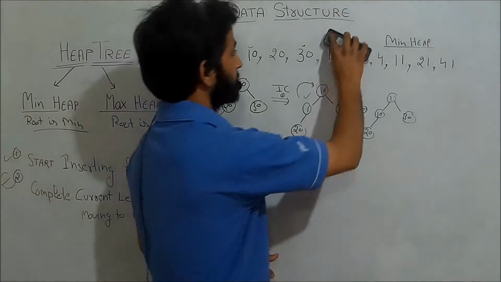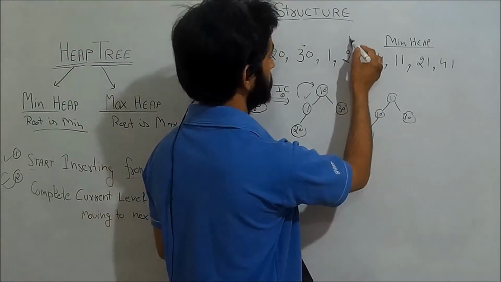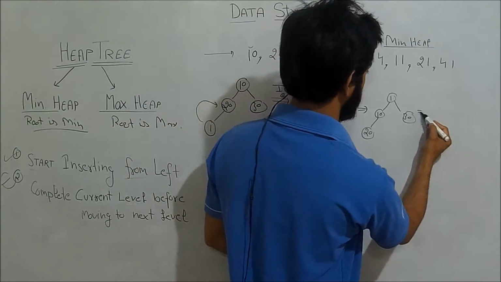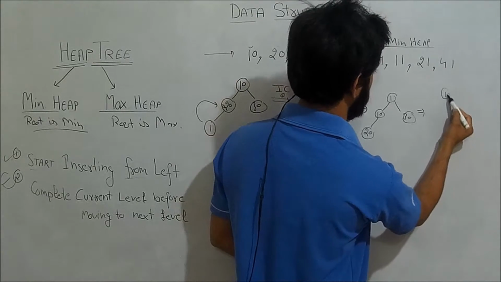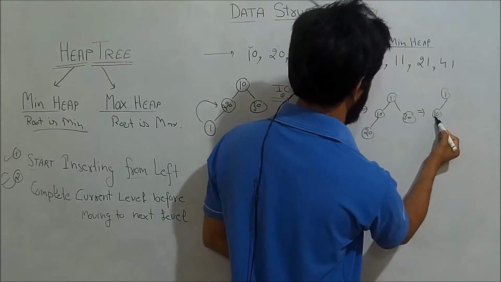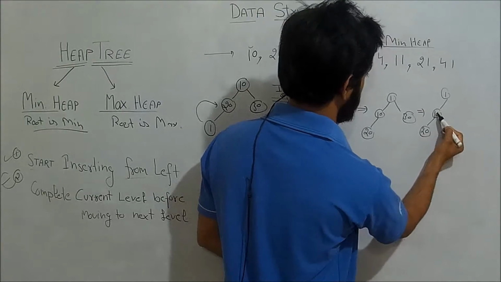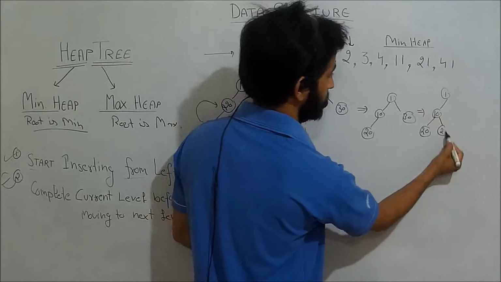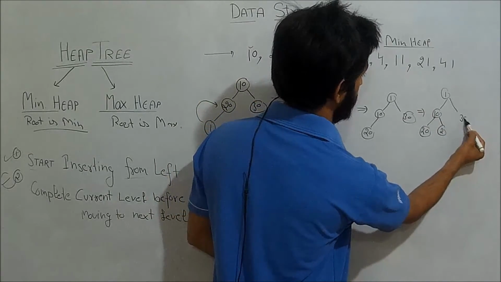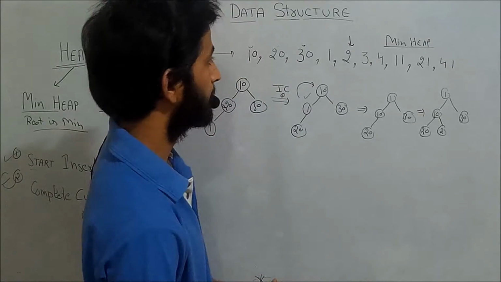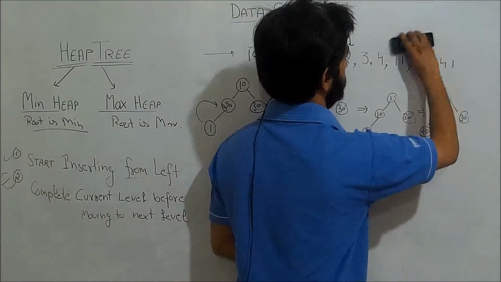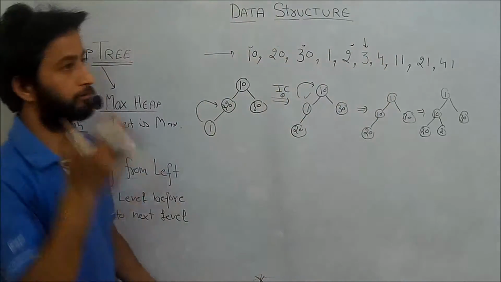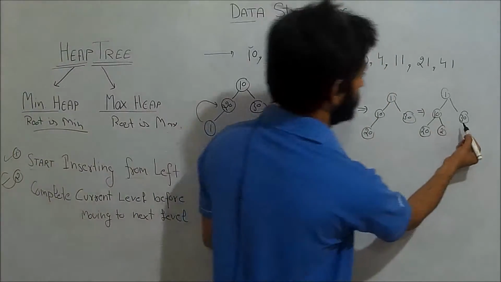So after 1, the next element to be inserted in the tree is 2. Okay, and 2 will be inserted at this position: 1, 10, 20. Its right is free, and I have to insert 2 here, and to this side we have 30. Okay, so after 2 we have the next element, 3.